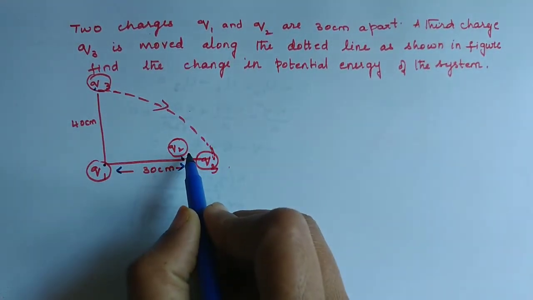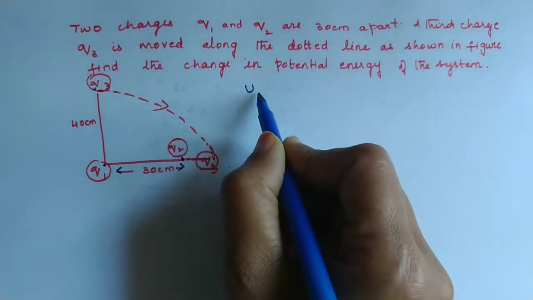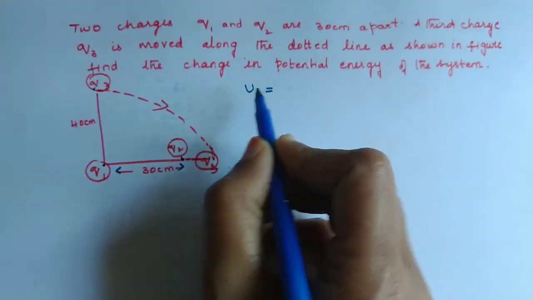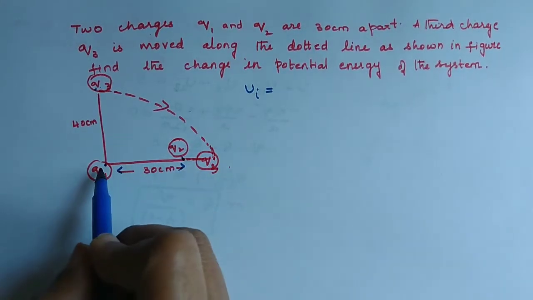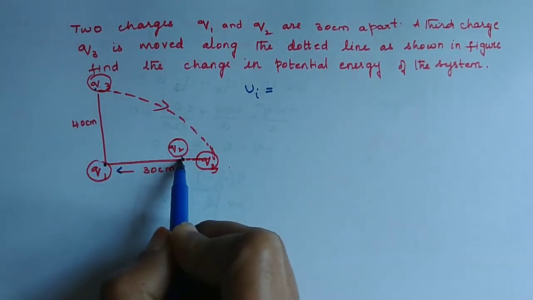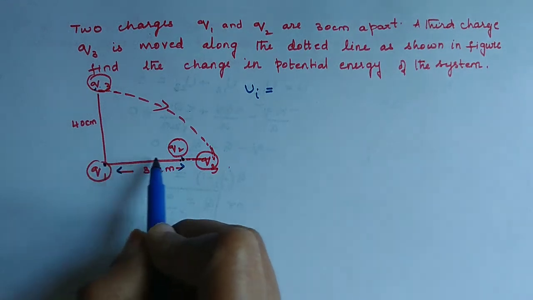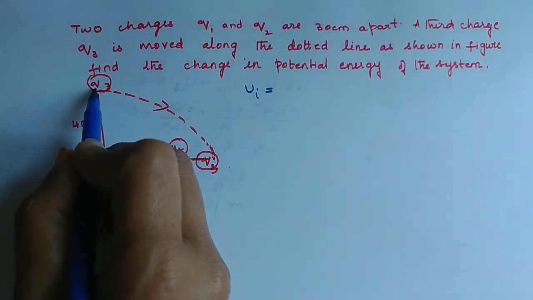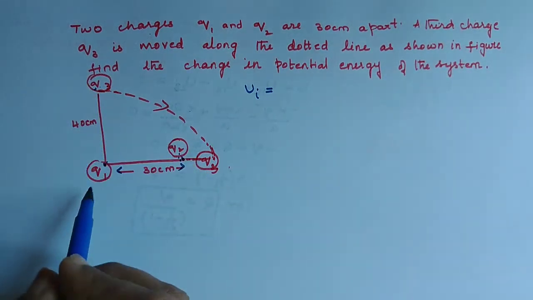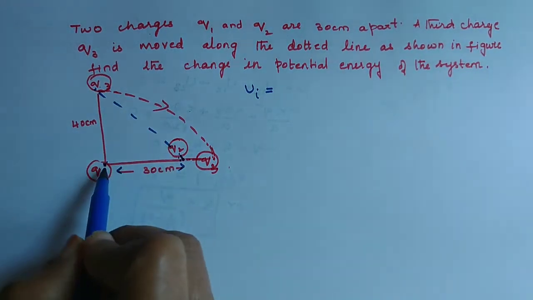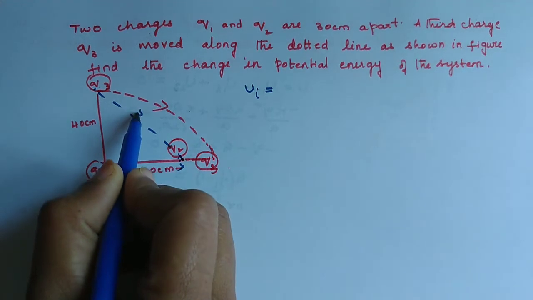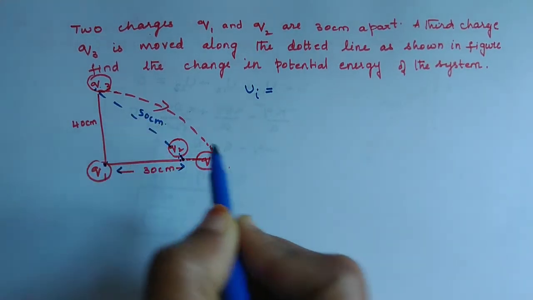So let us see the initial potential energy of the system, before bringing this Q3 into a linear position. Again we have three terms: between Q1 and Q2, Q1 and Q3, Q2 and Q3. So join this hypotenuse. Since this is 30 and 40, the hypotenuse would be 50 centimeter.